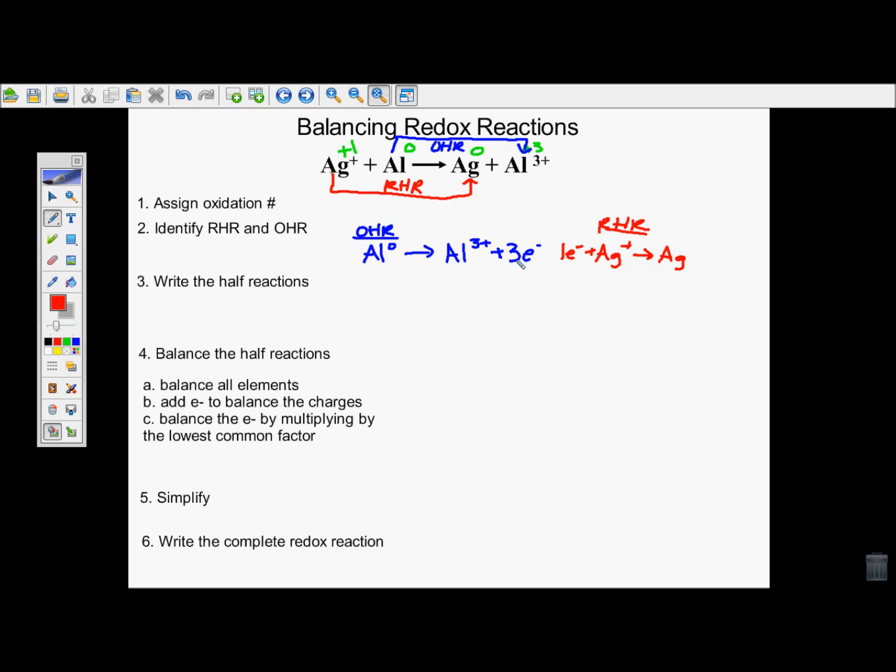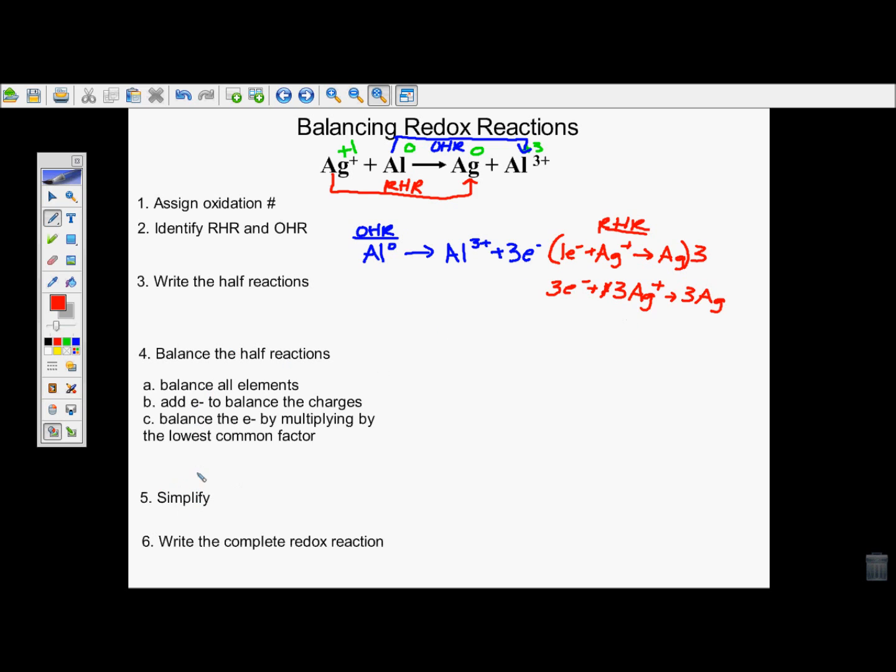So aluminum will need 3 silvers to take all 3 of these electrons. So the way that we balance this is by multiplying this whole reduction half reaction by 3, because our electrons have to be the same. So 3 electrons plus 3 silver ions yields 3 silver atoms. Okay, so that's 4C.